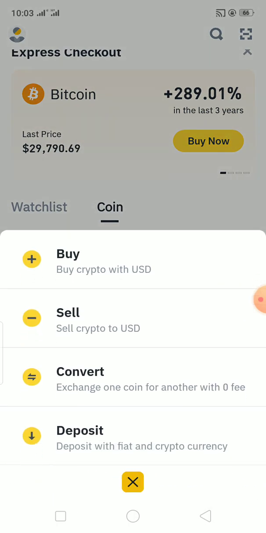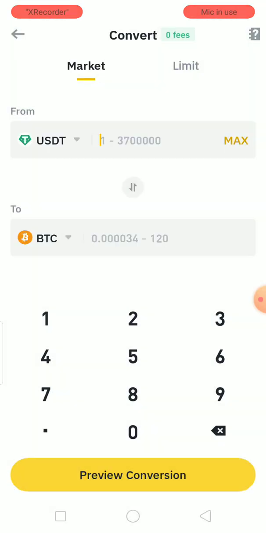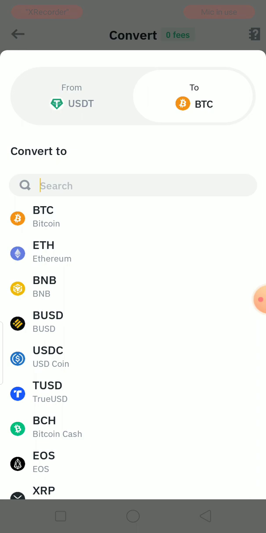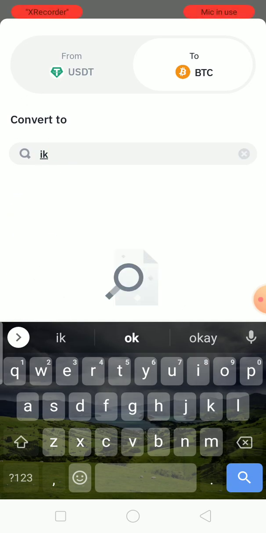So we click here, and we are going to buy the Injective coin. We are going to convert. I have USDT max. We search for Render. No, sorry, Injective, INJ.